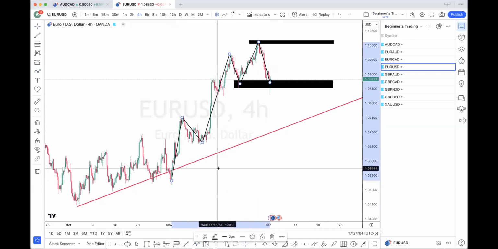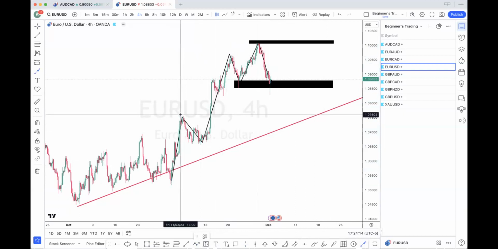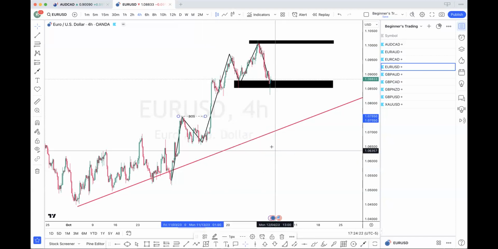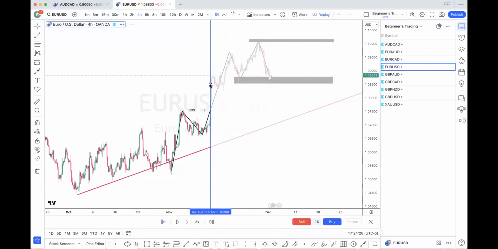So before this got violated, or before this was a break of structure here, before this was a break of structure, right? So before this happened, let's go here.